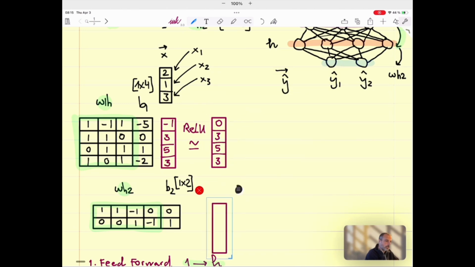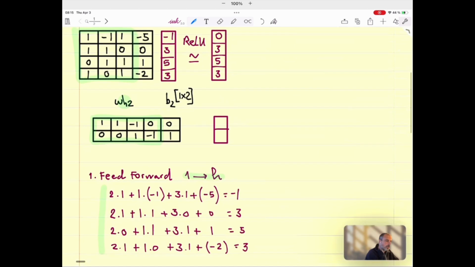So we basically do the feed forward again between h and 2. We do the second step, feed forward between h and 2.